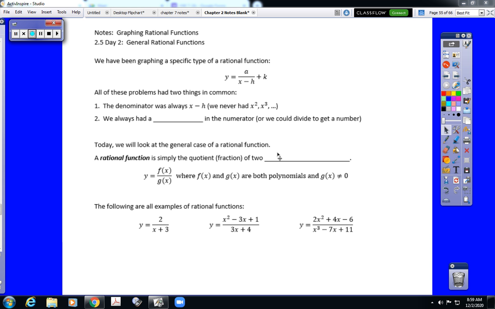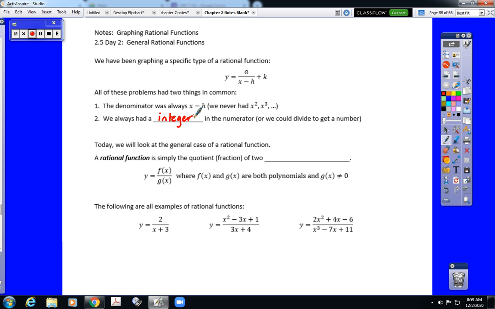We never had a quadratic or a cubic or anything larger for the denominator. And we always ended up with an integer, a number in the numerator, or we could divide to get an integer. Okay? So those were relatively simple examples.